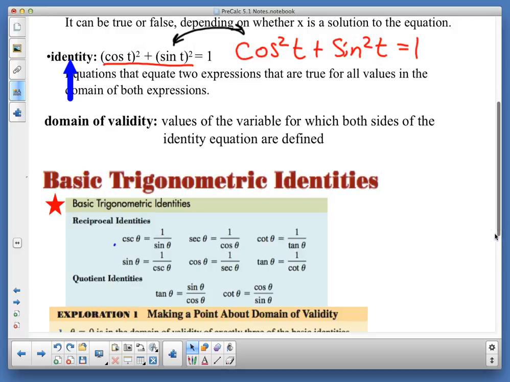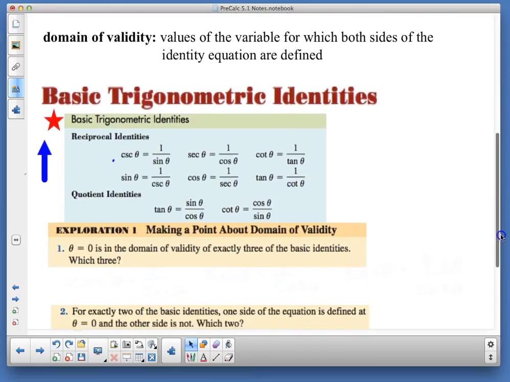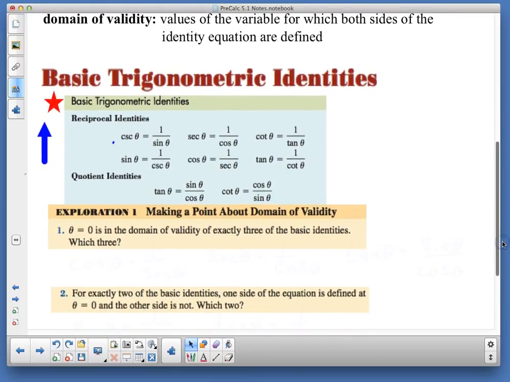Now, we are seeing identities as equations that equate two expressions that are true for all values in the domain of both expressions. Domain of validity: values of the variable for which both sides of the identity equation are defined. Okay, so we've talked about equality, we've talked about the beginning of identities, and now let's talk about some basic trig identities.